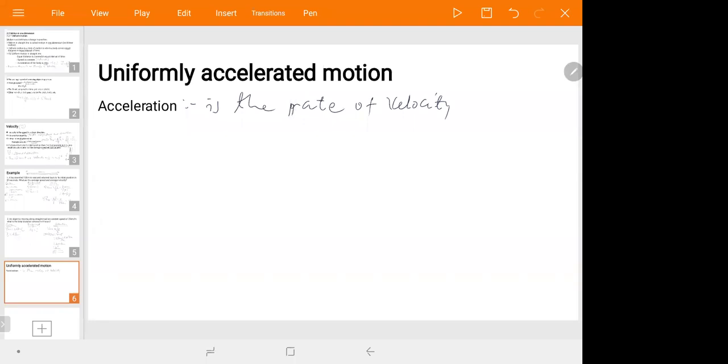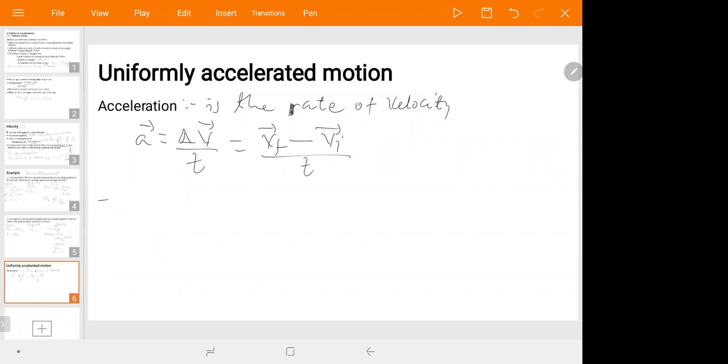Rate means something divided by time. Therefore, acceleration is equal to change in velocity divided by time, that is, final velocity minus initial velocity over time. To calculate acceleration, you must use this.